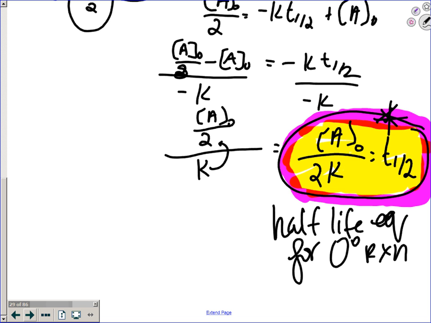What does it give us? Well, it gives us the ln, which is the first order integrated rate law. The second equation is the second order integrated rate law, and the final equation is the half-life equation for first order only. That's why I say memorize them, because you'll still need to know the others.